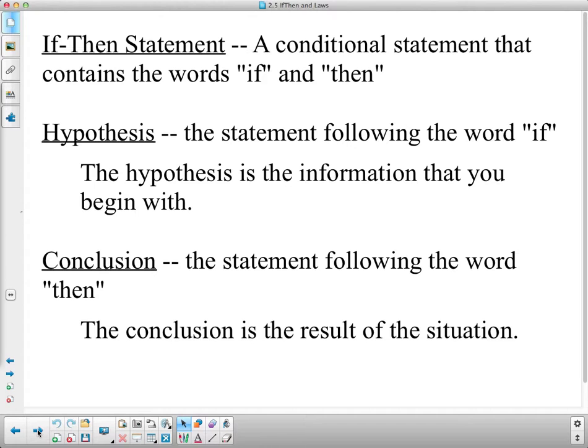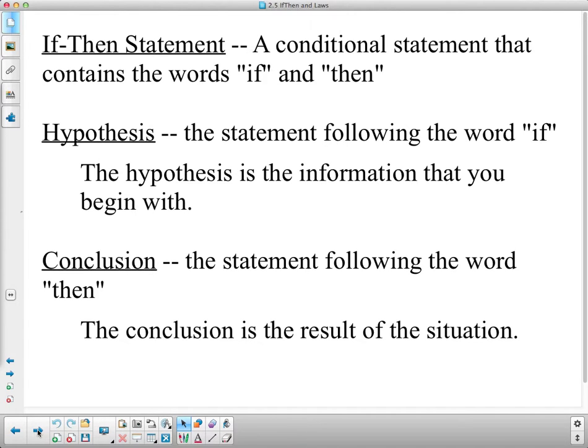So what was the hypothesis? Getting an F on his paper. What's the conclusion? Get in trouble.